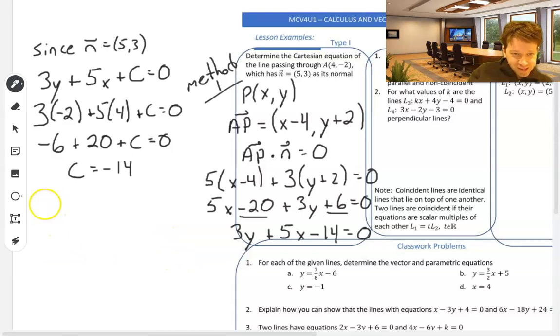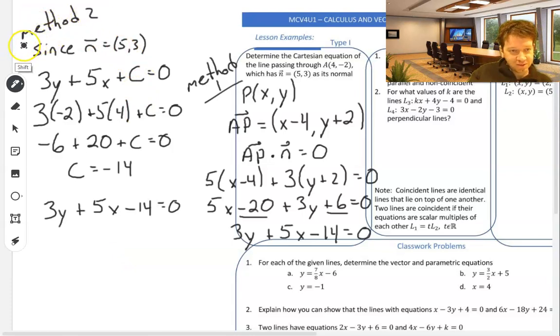Therefore, we know the equation of the line to be 3y plus 5x minus 14 equals 0. So that's another method. We'll call that method 2. Which method you prefer to use doesn't matter to me. You can use whichever one you like.